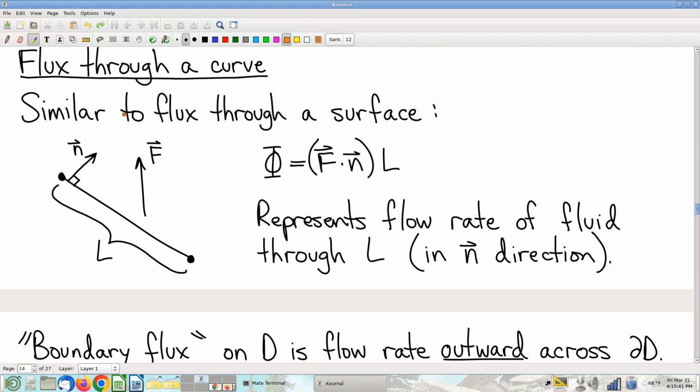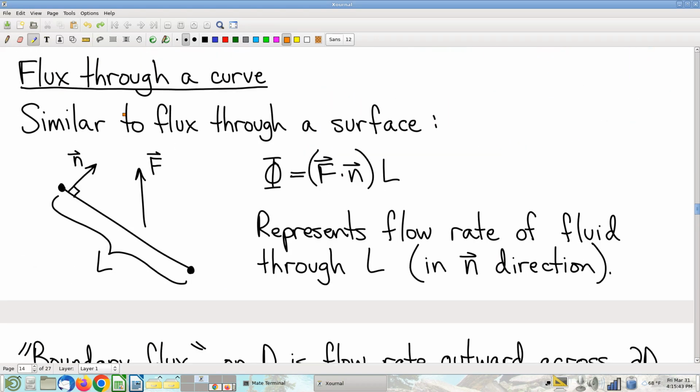Okay, so let's talk about flux now. Flux through a curve. This is a very similar idea to something we've talked about before. We've previously talked about flux through a surface, right? Flux through a surface was a way of keeping track of how much quantity of fluid per unit time is flowing through a surface.